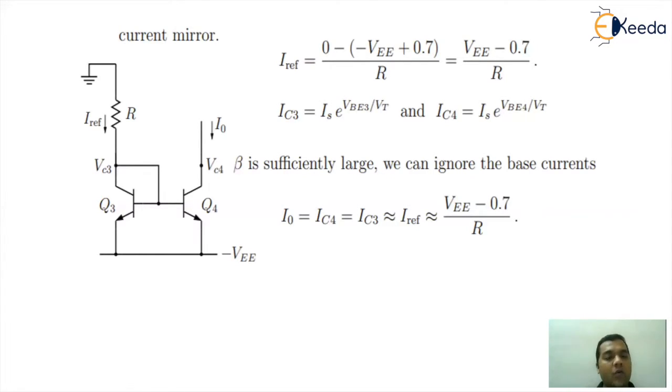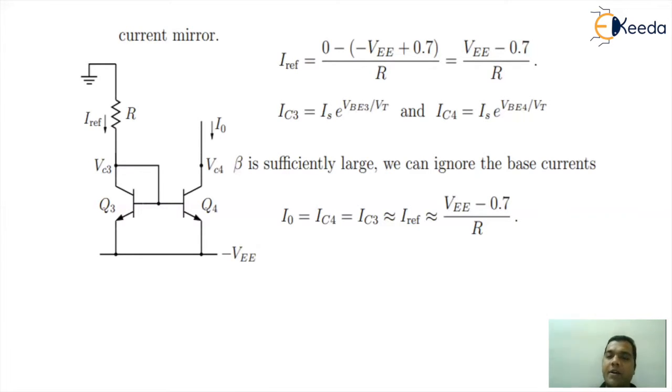The lower section has both the emitters connected to a negative battery, minus VEE. So when I calculate the reference current for the circuitry, the value of IREF will be defined as 0 minus of minus VEE plus 0.7 divided by R. So it is as good as VEE minus 0.7 divided by R.